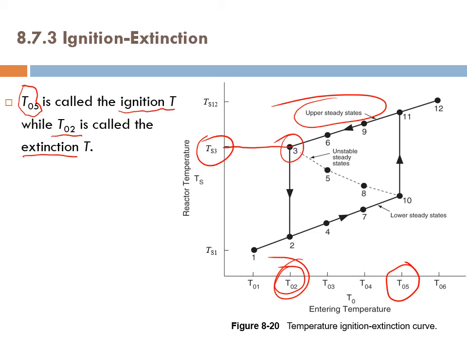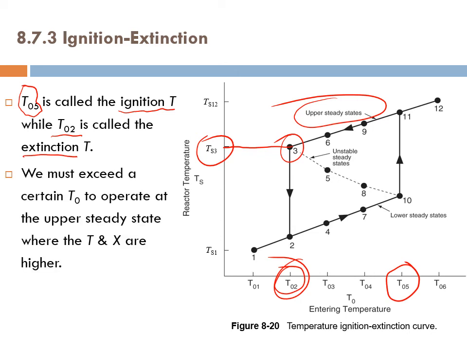Tamam? So we blame the variable which caused this ignition or extinction. In this case, it is the feed temperature. With a slight change of these guys, we had a sudden change in the steady state temperature. In this case, we discussed how ignition happened and how extinction happened as well.